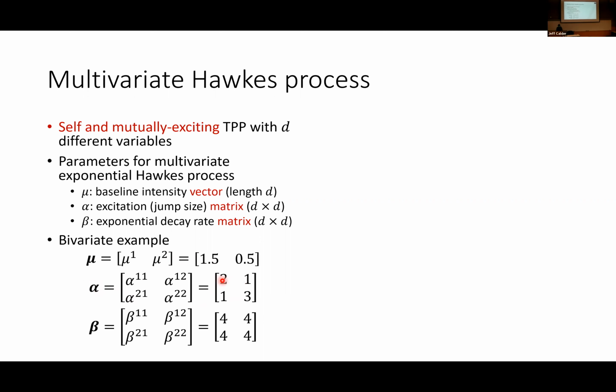An event of type 2 will cause the intensity of type 2 to jump by 3. But then you also have these off-diagonal terms, which control how much an event of type 1 will cause the intensity of type 2 to jump. And then for simplicity here, for beta, I made these decay values all the same.